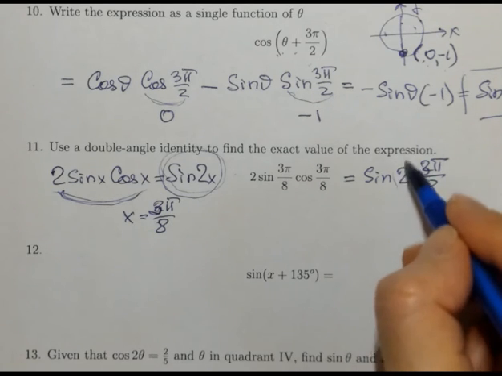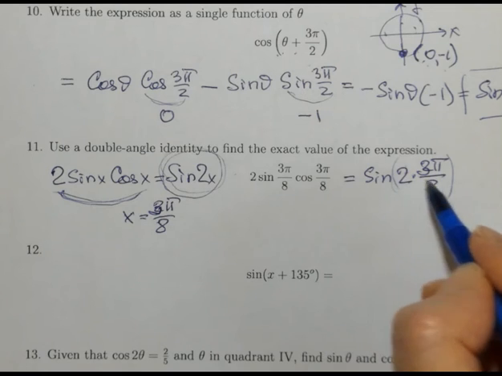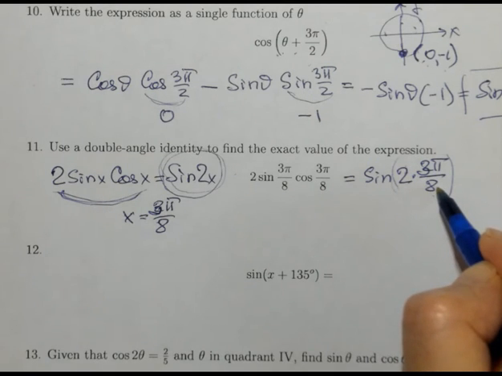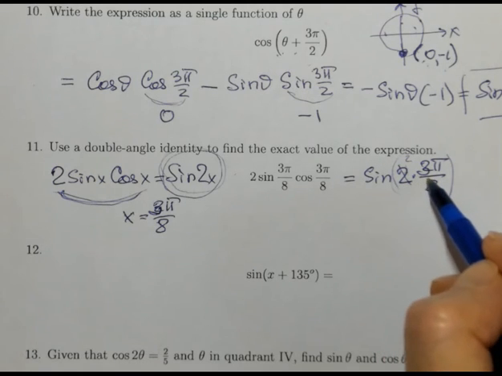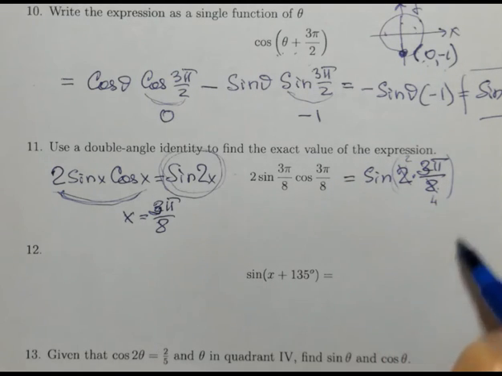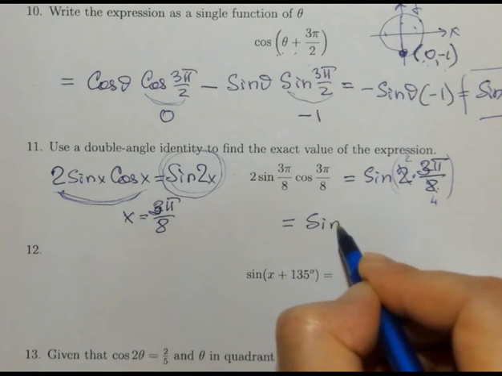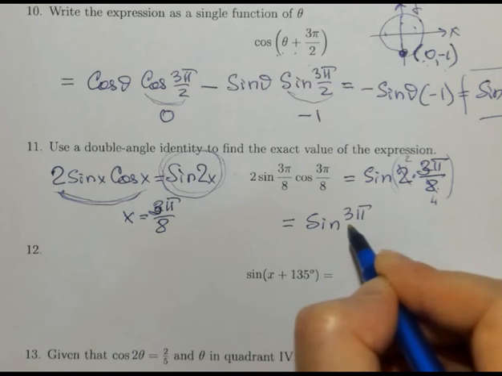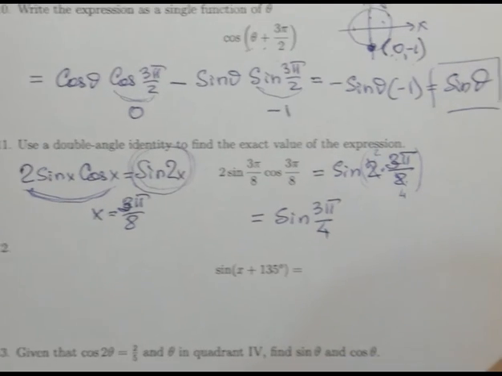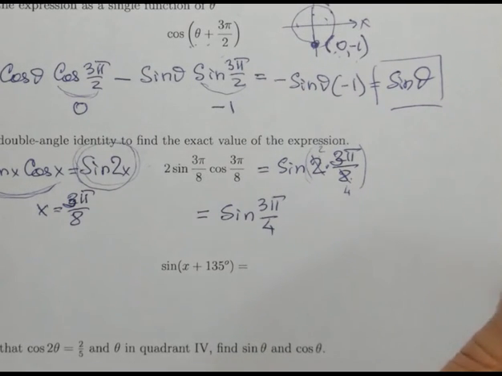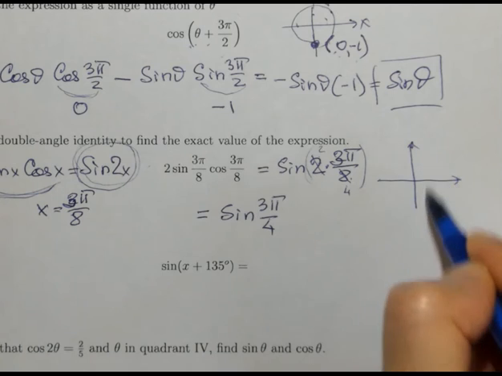Let us simplify this expression. Again, 2 in the numerator, 8 in the denominator. We can divide by 2 numerator and denominator. And it is equal to sine 3 pi over 4. And this is one of the angles from the unit circle. Let us find it on the unit circle.